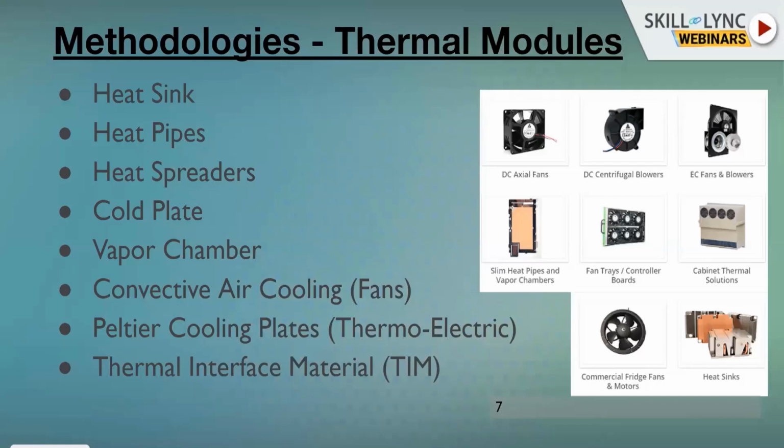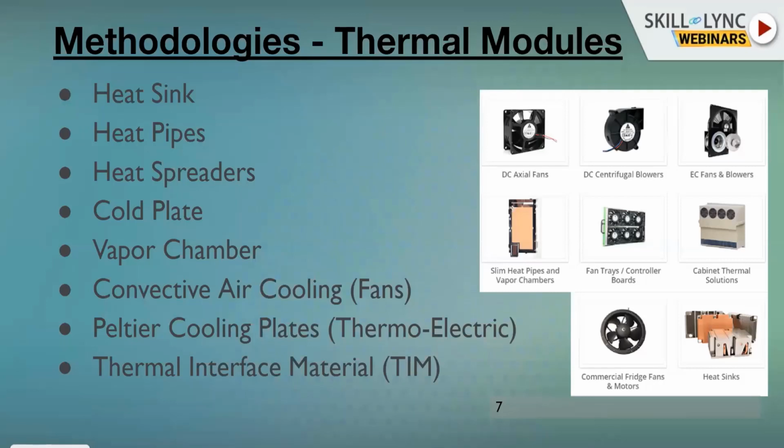A heat spreader is nothing but a simple copper plate. It distributes the heat around the region. A cold plate is used in liquid cooling, where liquid passes, takes away the heat, and comes back.